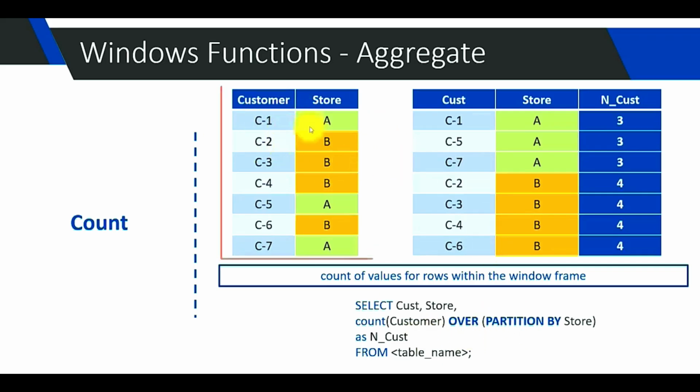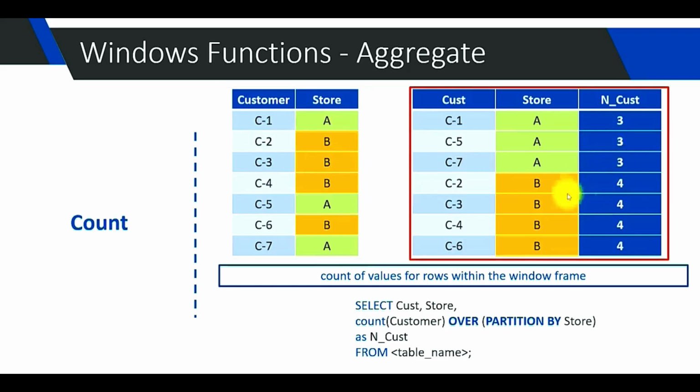So here in our data, we have 3 customers in store A. We have 4 customers in store B. So for all the customers who are from store A, we want 3. And for all the customers who are from store B, we want the value as 4. So this is the final table we want.